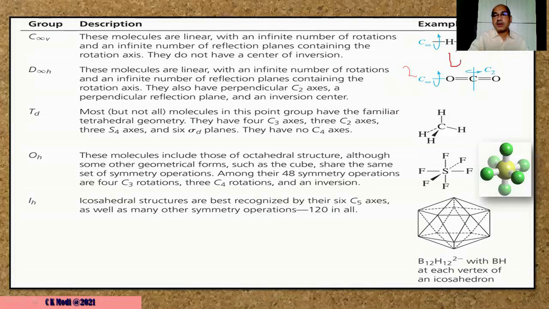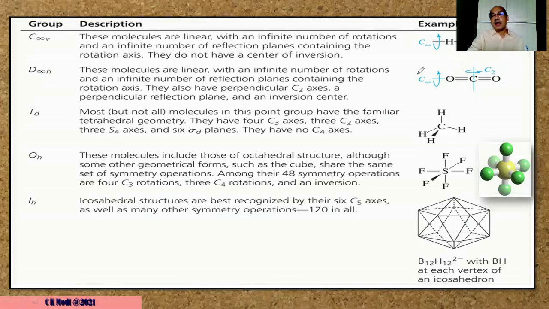Therefore, it is called D infinite. Keep in mind that because the principal axis is C infinite, it has a number of symmetry elements present. Therefore, C infinite plus these 2C2 is called D infinite.